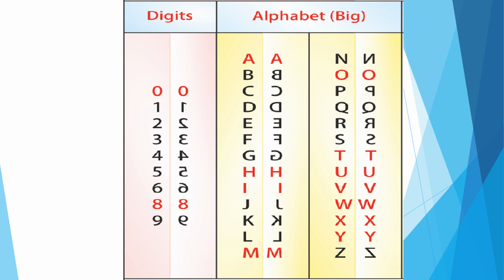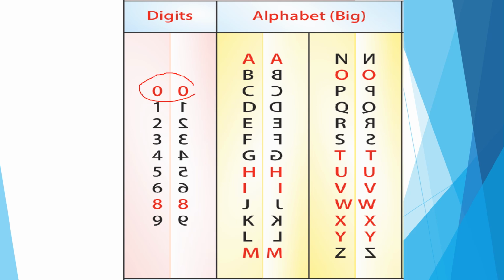See here, the numbers 0 to 9 and the alphabets A to Z with their mirror images. Here observe, the red letters and numbers are identified by the red color.